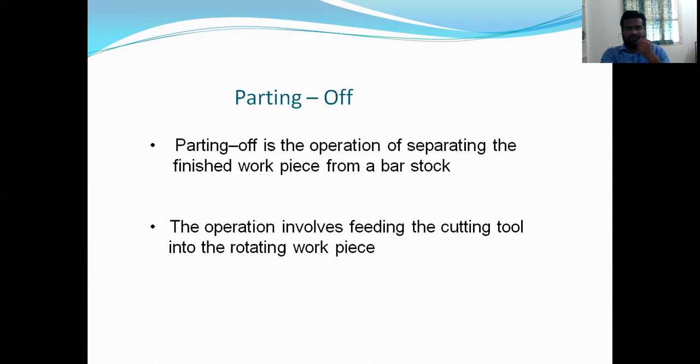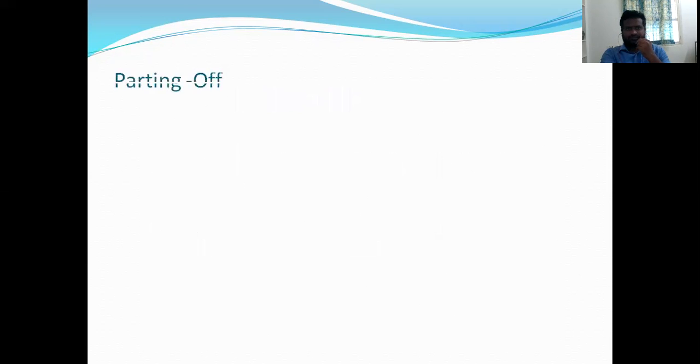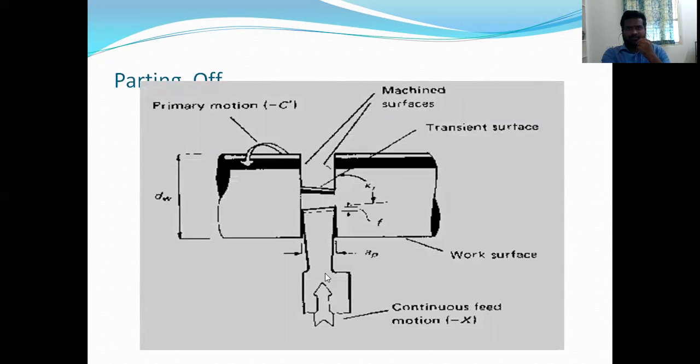We give feed in the X direction while it rotates in the Z direction, so both parts will be separated from one another. After completing all operations, we will see some videos on all operations. Okay.